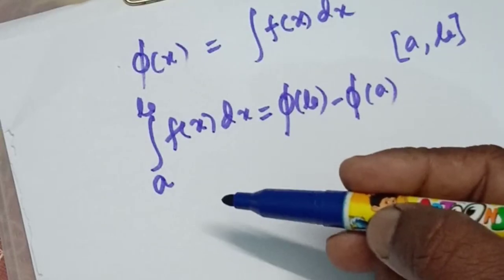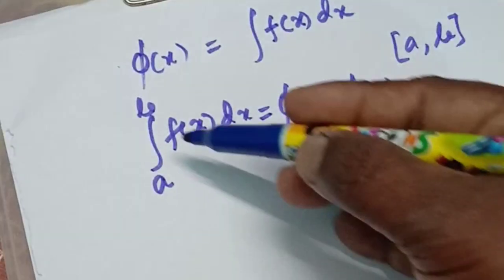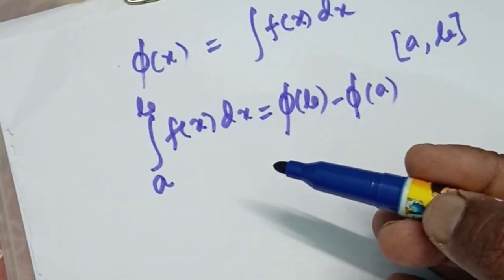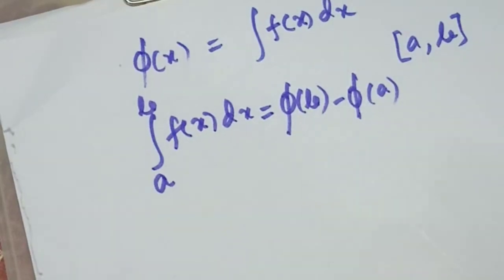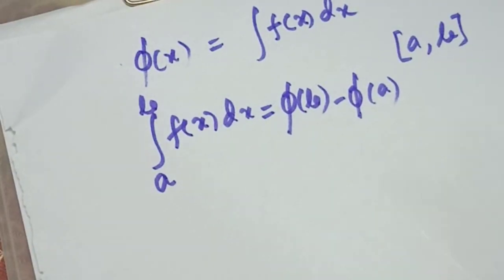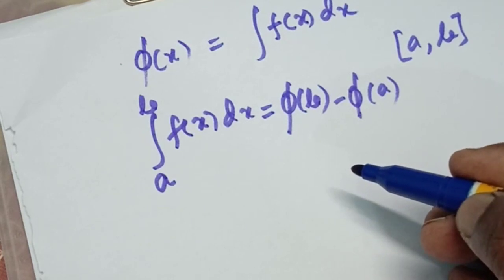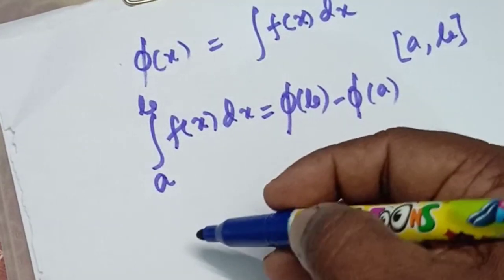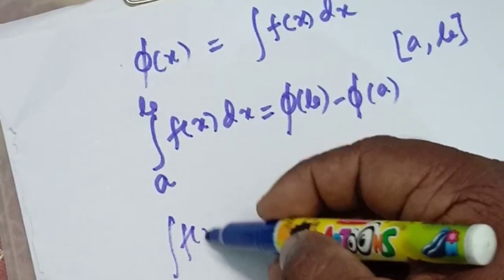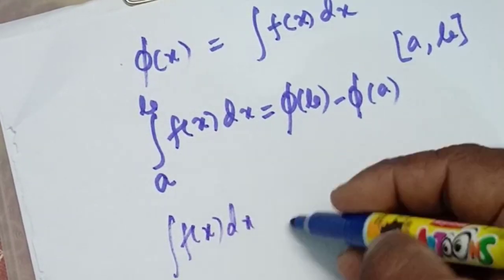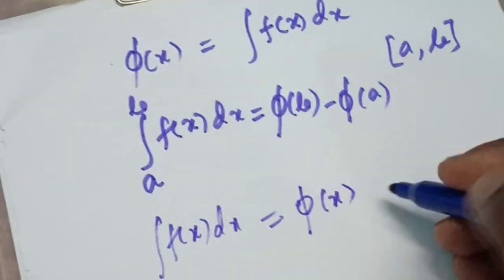Now to add to this concept, in indefinite integration, the integration which we have studied without upper or lower limits, there we used to add an arbitrary constant c, but here we are not supposed to add it. Suppose the integration of f x dx is, as I told, phi x plus c.